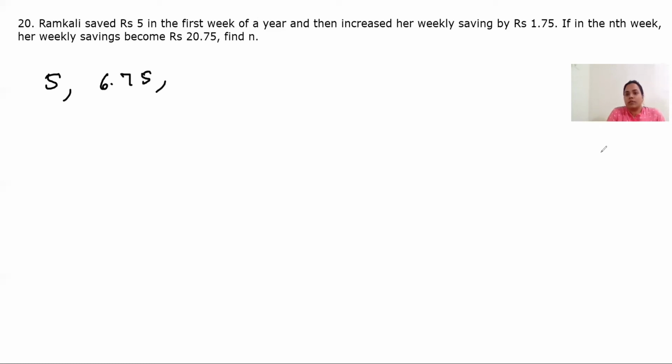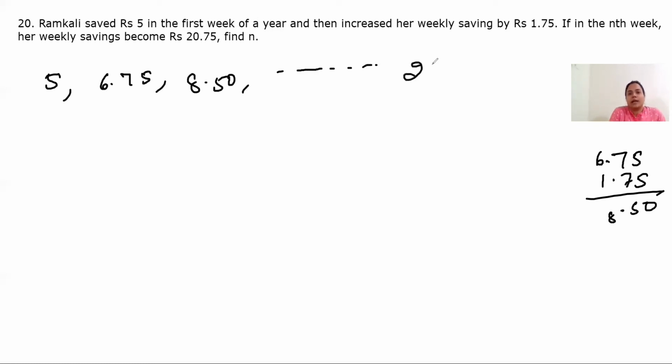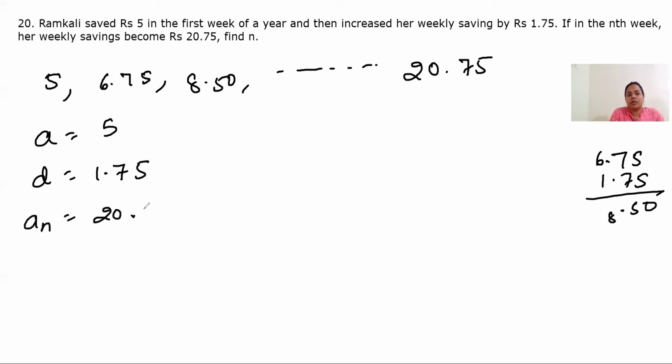Then 6.75 plus 1.75, that is 8.50. It will go on like that, and at the end it became 20.75. So this is an AP in which the common difference is 1.75. A is 5, D is 1.75, AN is 20.75. We have to find N.